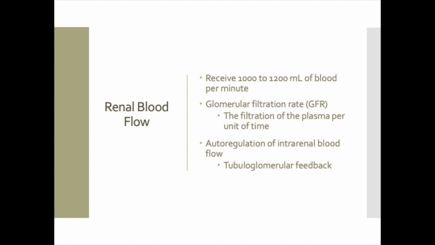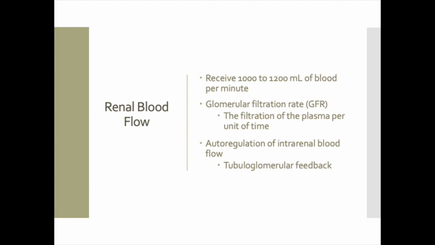So for instance, if you are exercising, your blood pressure may be increasing, you're exerting more energy, but then will decrease during rest. This is called autoregulation of intrarenal blood flow. It knows how to do it. It's being maintained by two mechanisms that are controlling the afferent arteriole.